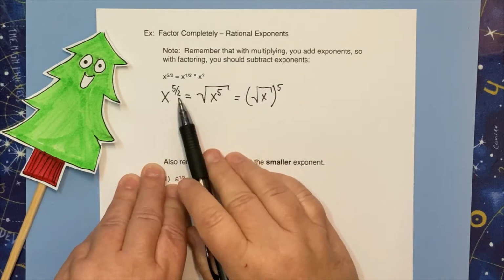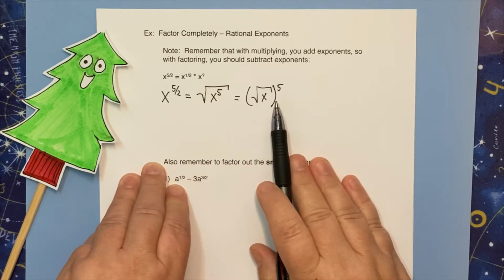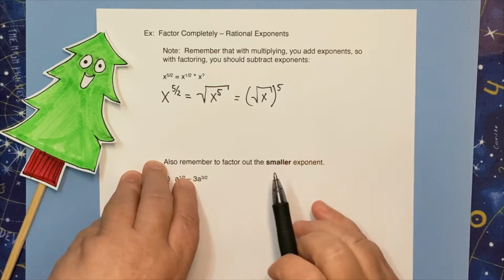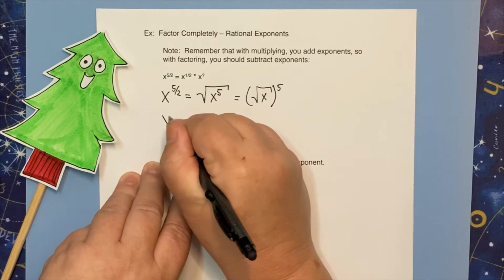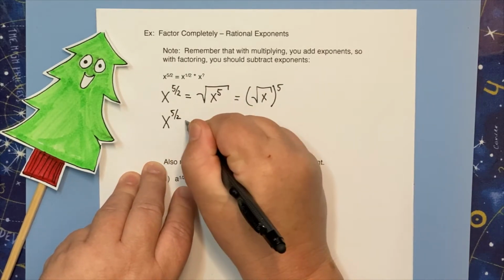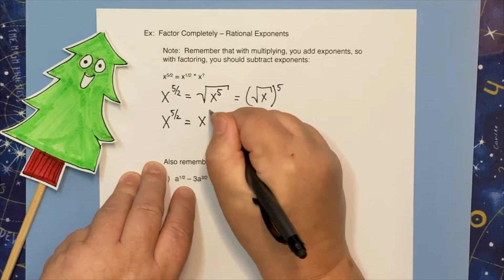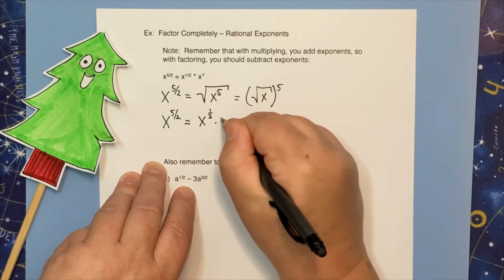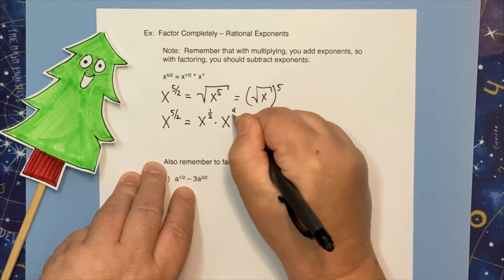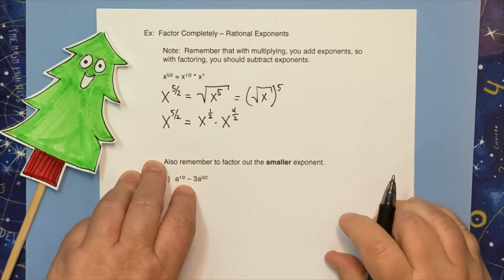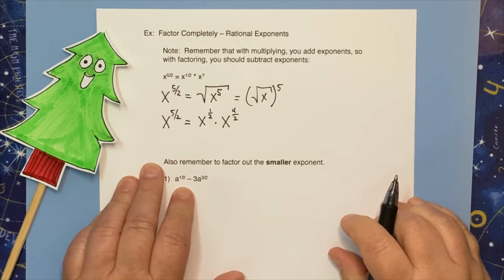So x to the 5 halves equals all these things, but also it equals this. X to the 5 halves is equal to x to the 1 half times x to the 4 halves. Now, what does that even mean?